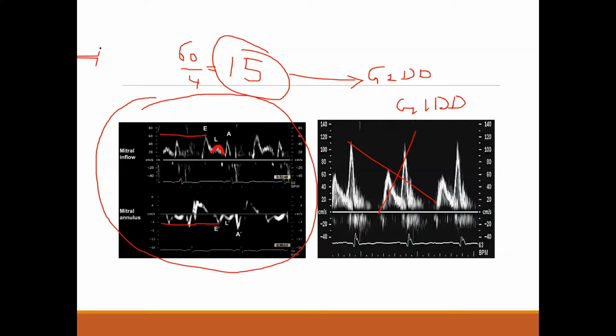Usually in mid-diastole you don't have much flow, but when the LA pressure is high because of elevated LVEDP, the flow keeps going even in mid-diastole. They call it diastasis flow, because this stage of diastolic function is called the diastasis phase. So when you have diastasis flow, that suggests grade 2 diastolic dysfunction. So remember the L hump.